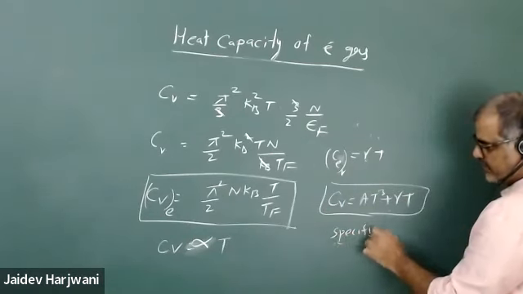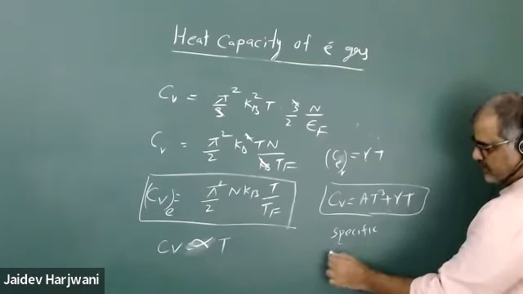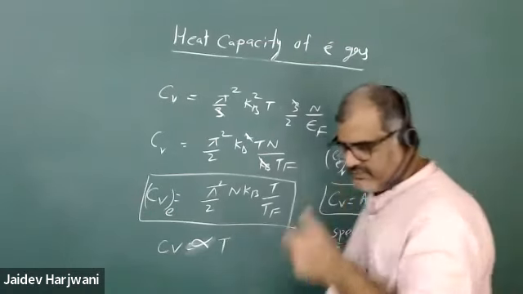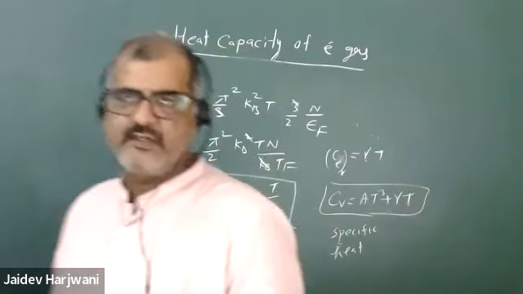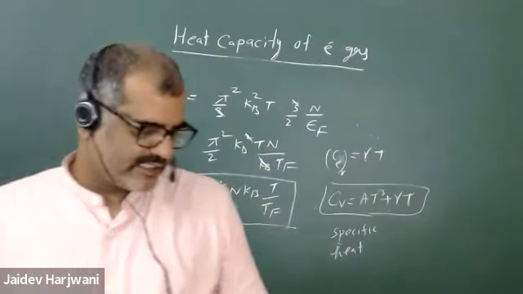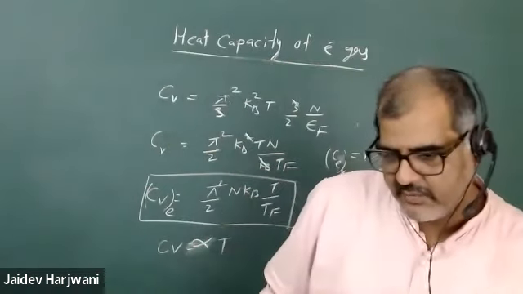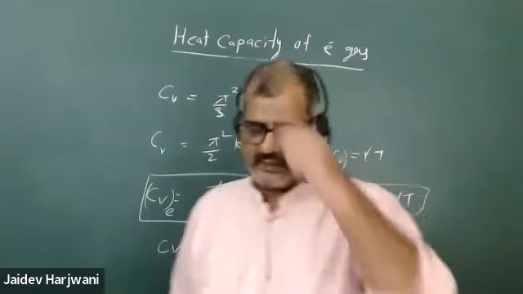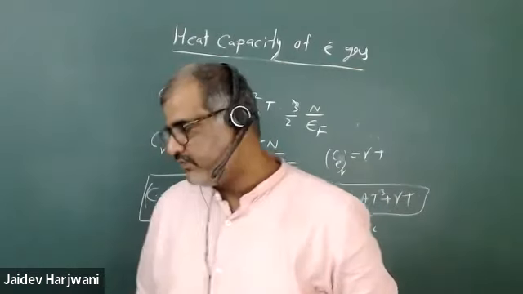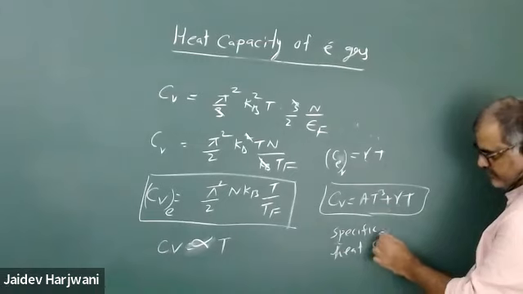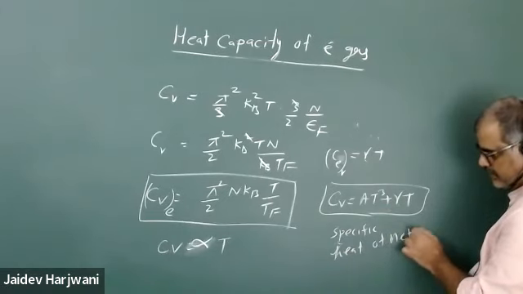Especially metal has a contribution here at low temperature. Metal has a lot of electrons, so this term will come. If you take an insulator, you don't have free electrons, so this term is not important. Only the specific heat is governed by the phonons, the phonon vibration. So this will be the specific heat of a metal.